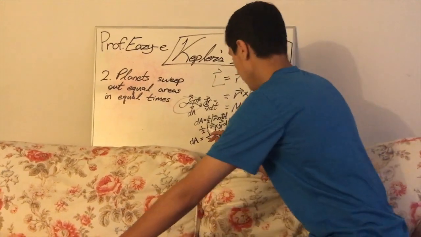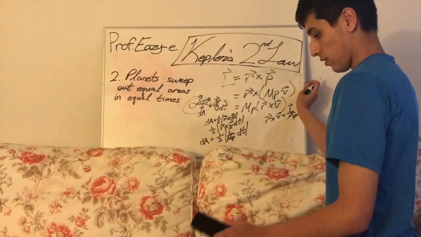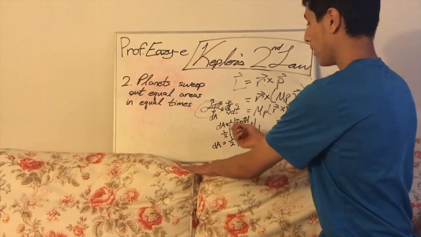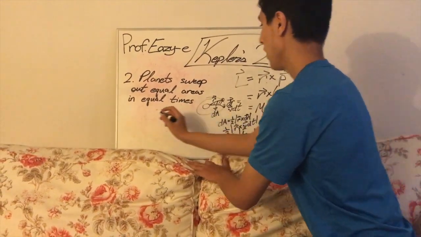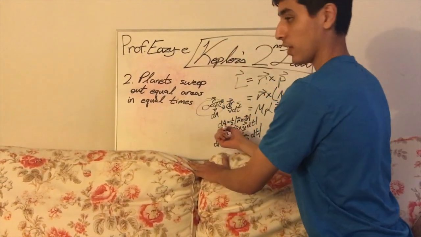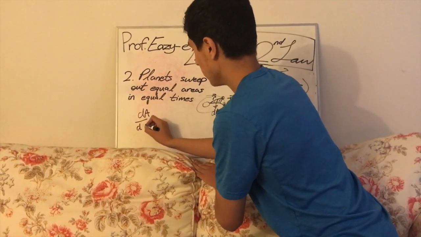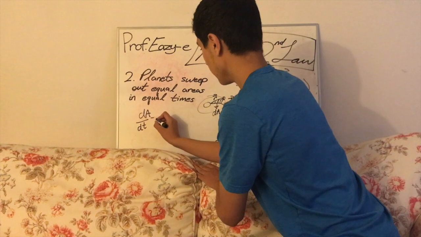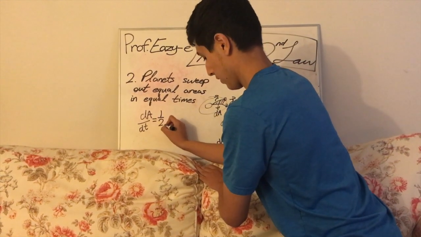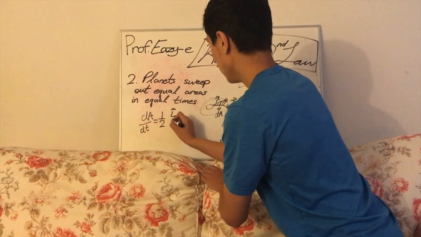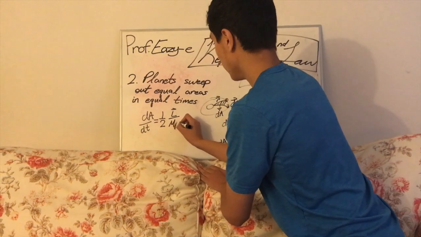Then we can divide by dt on both sides, and dt will cancel out here, and we get dA/dt equal to 1/2 angular momentum divided by the mass of the planet.